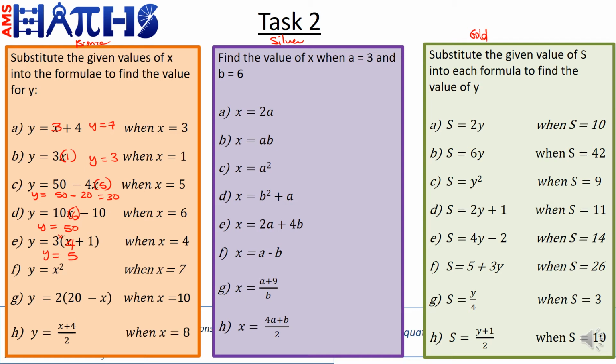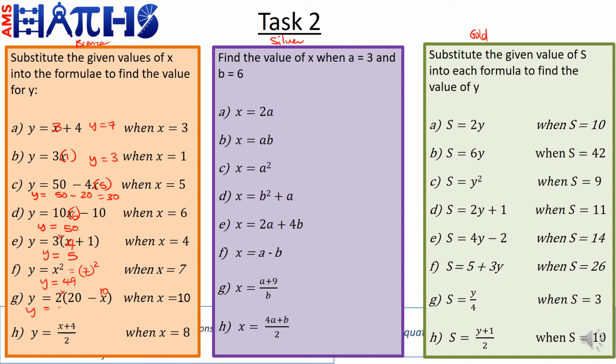In our other question, y is equal to x squared. So we're replacing our x with 7. So we're going to do 7 squared. So then y is equal to 7 times 7, 49. For g, we're replacing x with 10. So in the bracket, it is 20 minus 10, which is 10. And then we need to multiply that by the 2 that's in front.